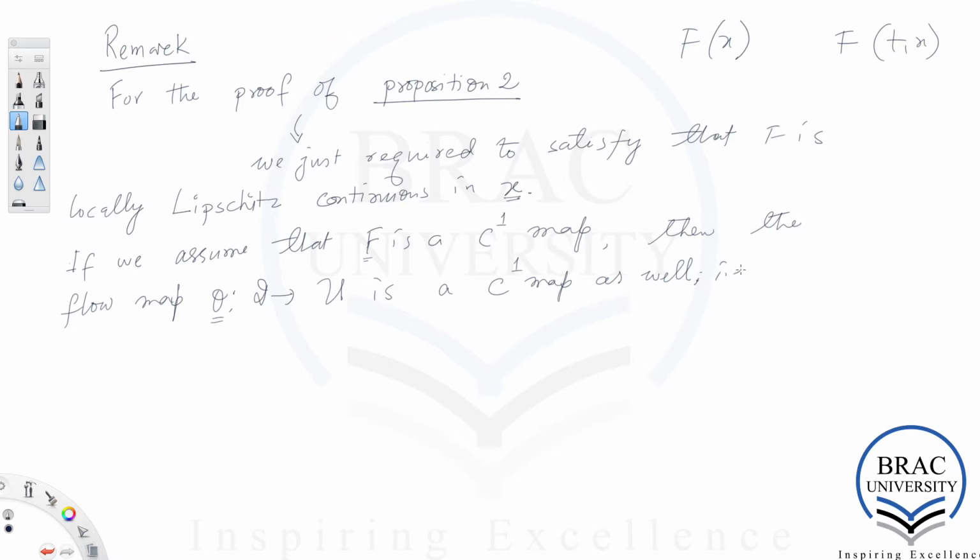It means that d theta over dt and d theta over dxi for i from 1 to n are all continuous on calligraphic D. Good.